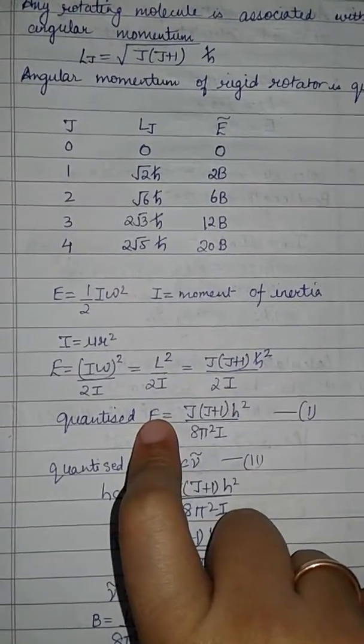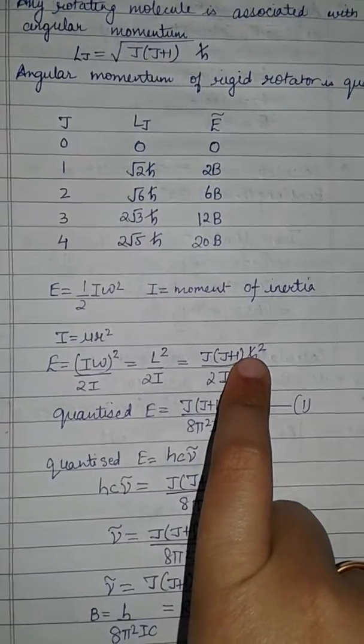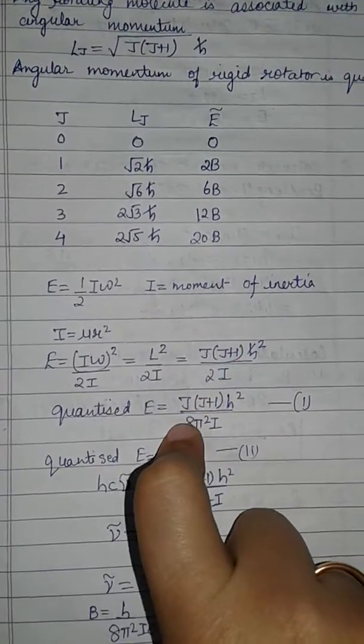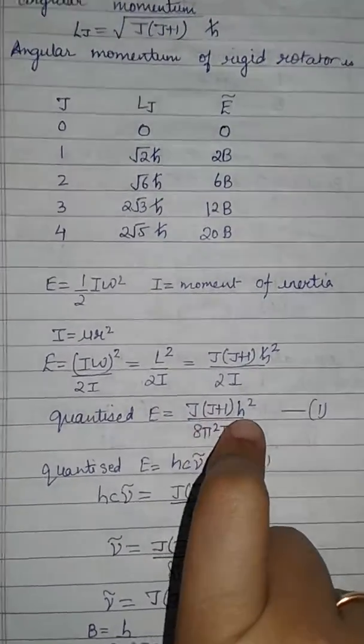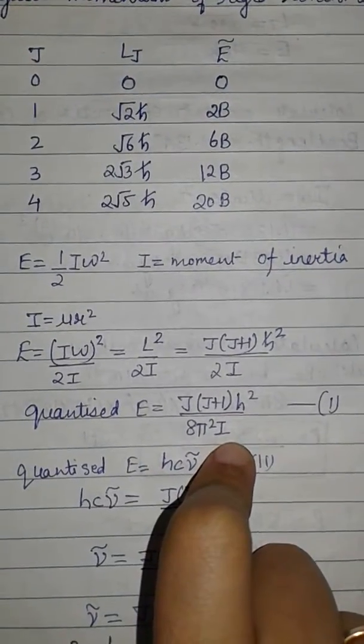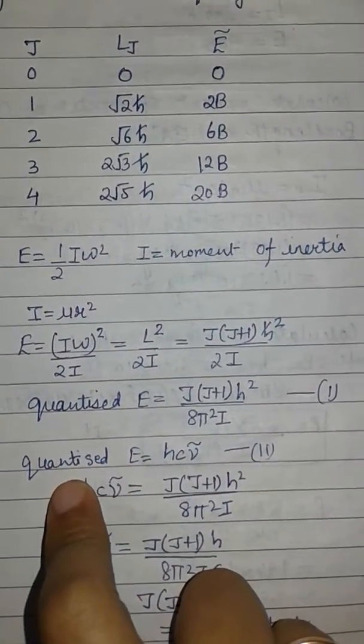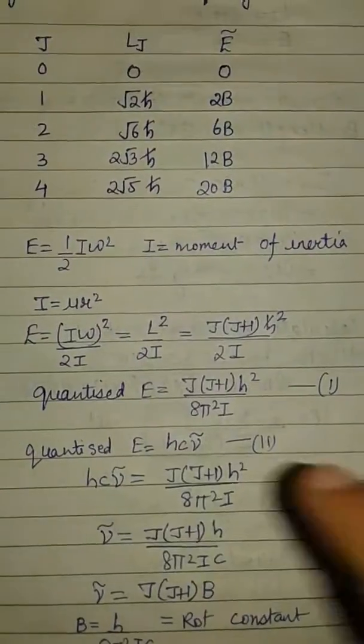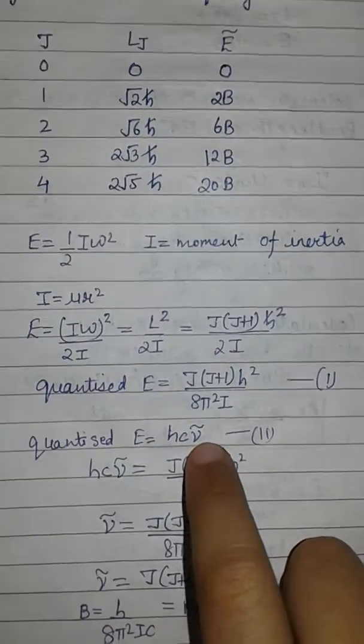upon 2I. Then we can write H cross as H by 2 pi, so we'll arrive at this formula: J into J plus 1 H square upon 8 pi square I. So E is equal to Hc nu bar.